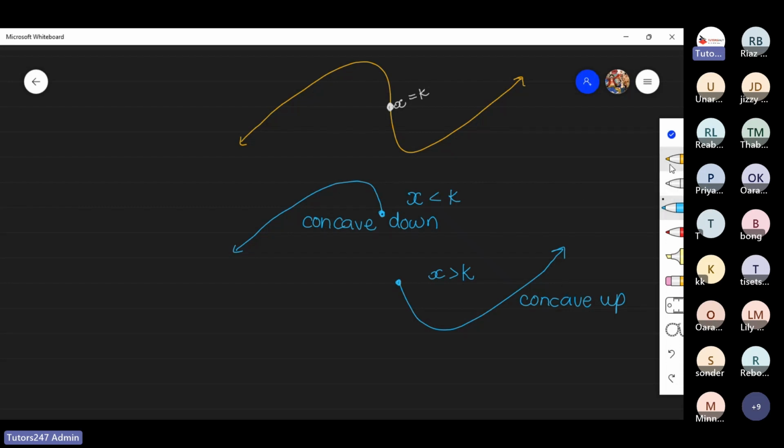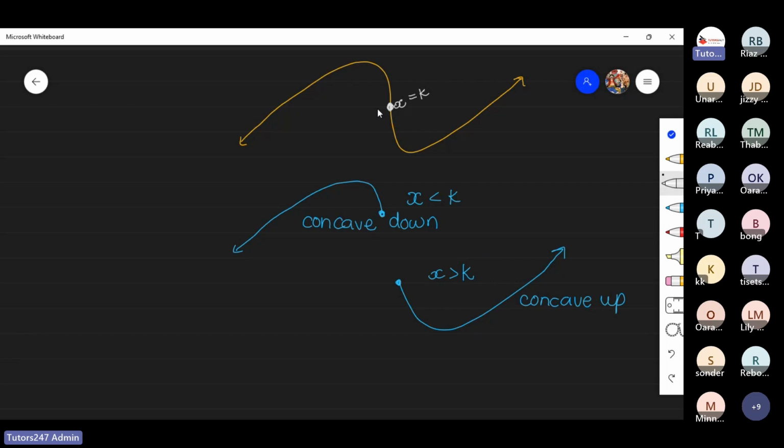If you struggle with your inequality signs, meaning that you're not sure which way the inequality sign must face, always use your arrows. Let's say the question was for what values of x is it concave down? We can see that the smiley face is on the right and the sad face is on the left.